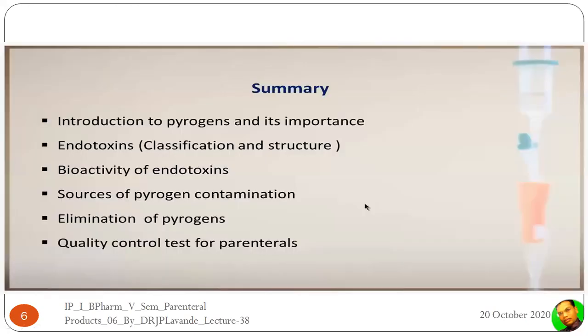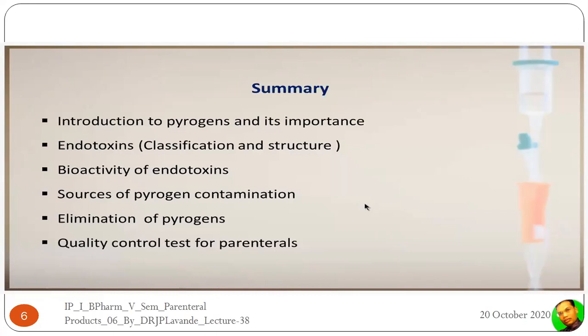So yesterday we saw the significance and importance of the pyrogens, their classification, their structure, what the endotoxins are, what is their bioactivity, what the different sources of pyrogens are and their contamination of the product, and how we will go for the process of elimination of the pyrogens by using various techniques.